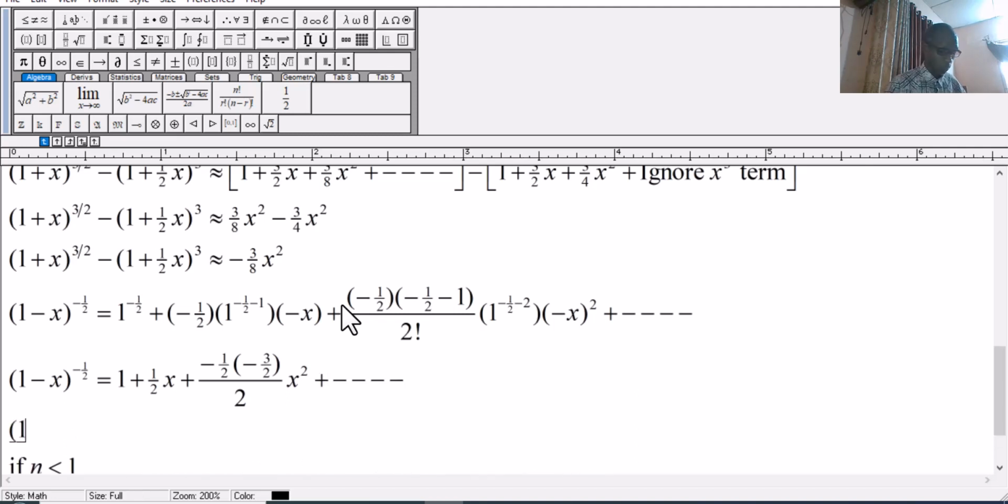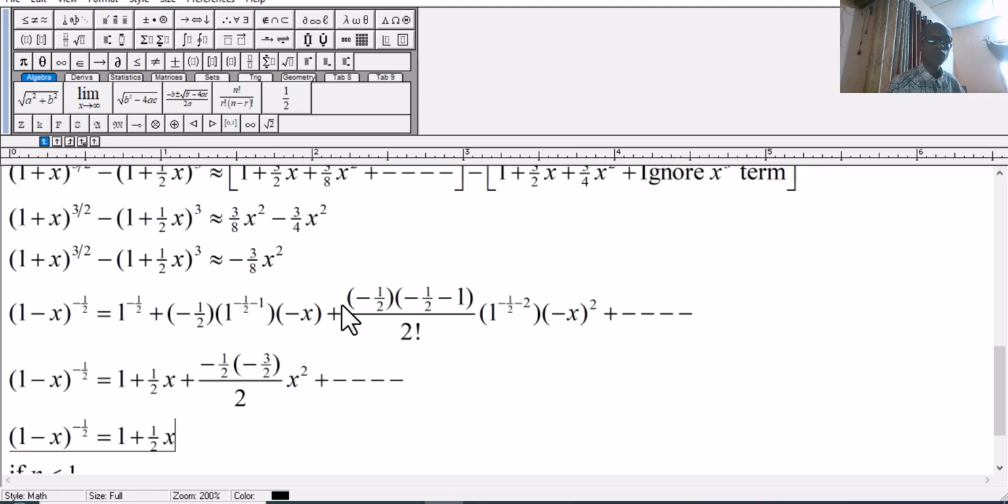So 1 minus x to the power of 1 over 2 is equal to 1 plus 1 over 2x.